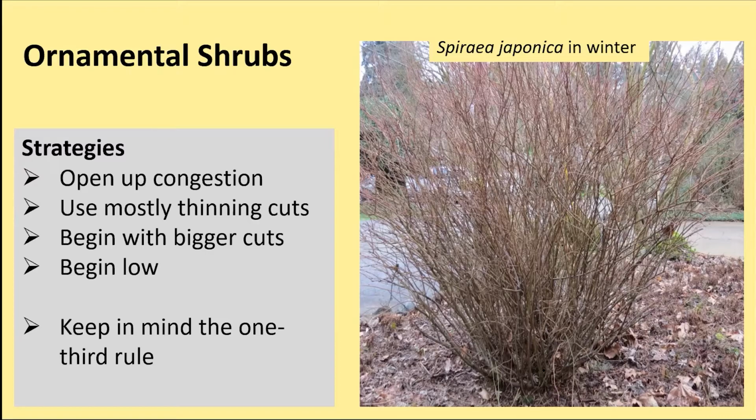For example, some errant branch has become a foot higher than the rest. You can bring it back. But otherwise, just removing the oldest branches, up to 1/3 of them, is going to do the bulk of the work you want.